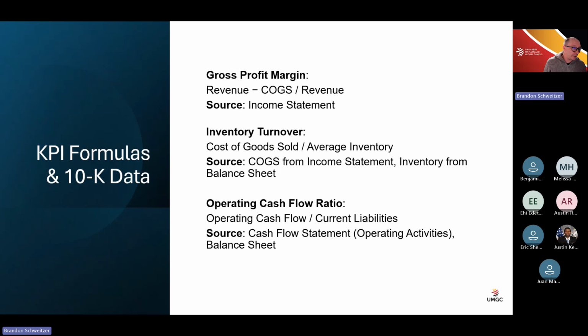The third ratio to calculate is called the operating cash flow ratio. And the way that we calculate this is we take the net operating cash flow divided by current liabilities. Now here's the thing: on your statement of cash flows, the top section is going to be your operating activities.